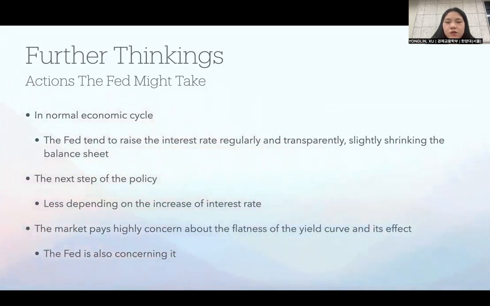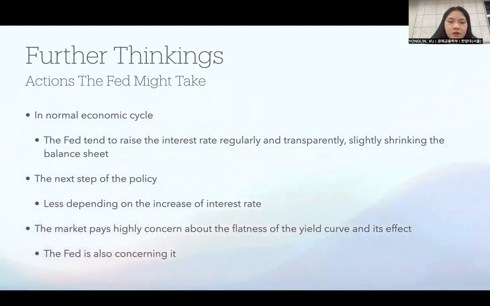Then with the maturity of US government bonds, the continuing reduction of the Fed balance sheet is closely related to monetary policy, and the Fed has yet to solve the distortion that they caused to the yield curve by using the operation twist.